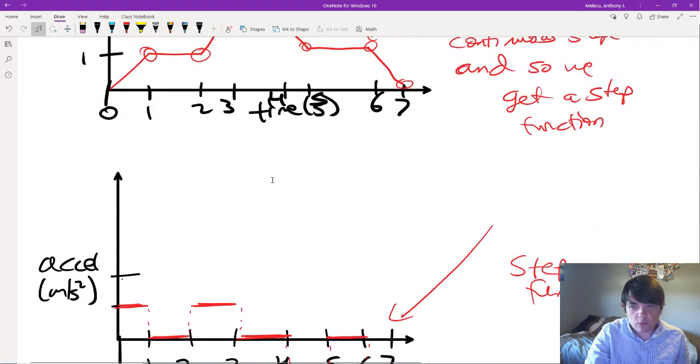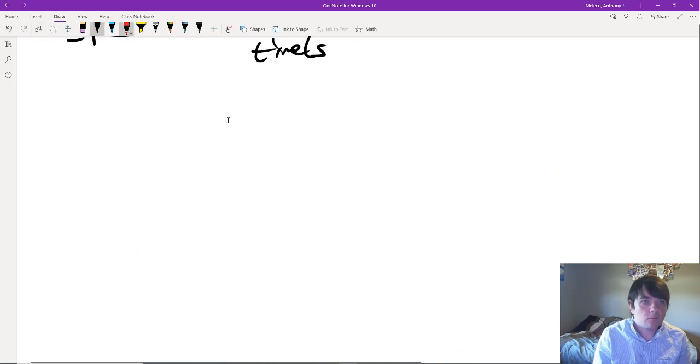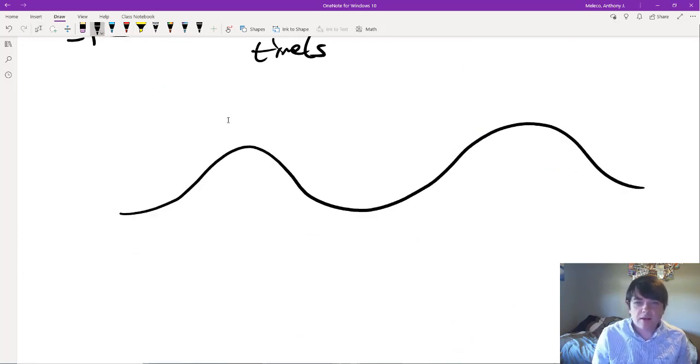So you must be wondering, well, if I want a continuous line, then you would need a smooth function like this. And this is how we get what's known as calculus, where to get the slope of this line here, you have to continuously zoom in to get what this slope is. That's what calculus is for, to get the slope of this line at a very small time interval.